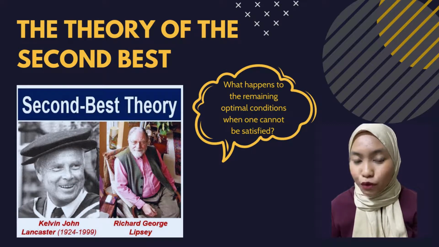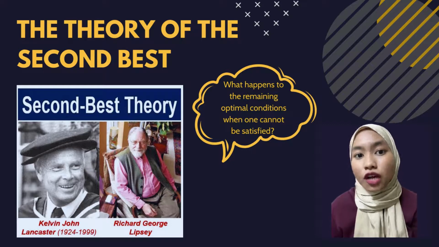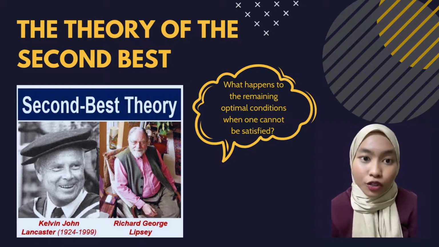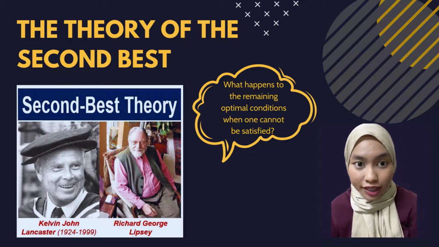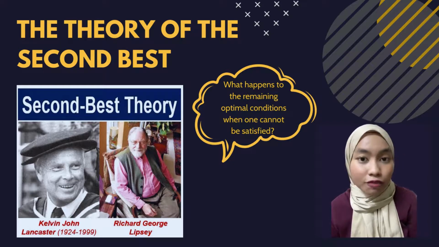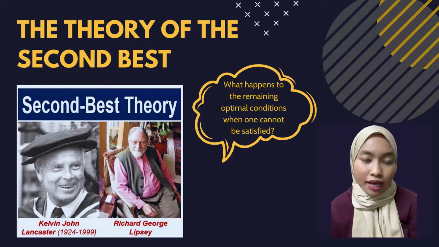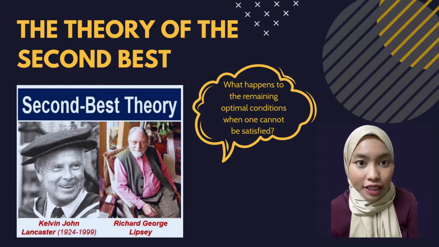In our life, we normally go for the second alternative when the first alternative is not achieved. However, there is a different perception according to the theory of the second best, formalized by Richard Lipsey and Kelvin Lancaster in 1956. The theory is based on the question of what happens to the remaining optimal conditions when one cannot be satisfied.